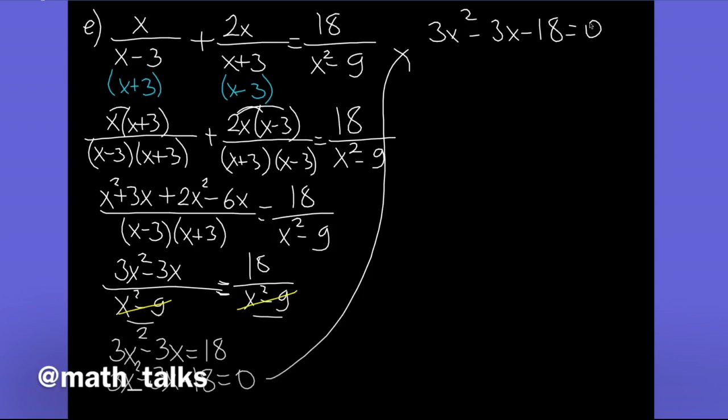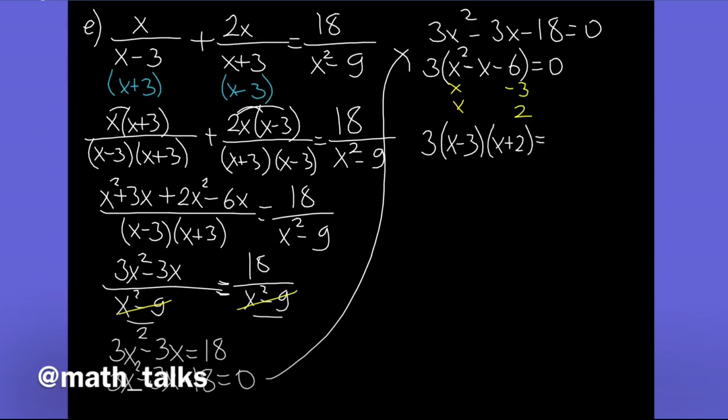Here the shortest way is, if you have a common factor, just take it out. 3 is common, so x squared minus x minus 6. Factorize: x and x, negative 3 and 2. Don't forget to check it. When you multiply negative 3 by 2, it's negative 6. When you add them, negative 1. So 3 times x minus 3 times x plus 2 equals 0.